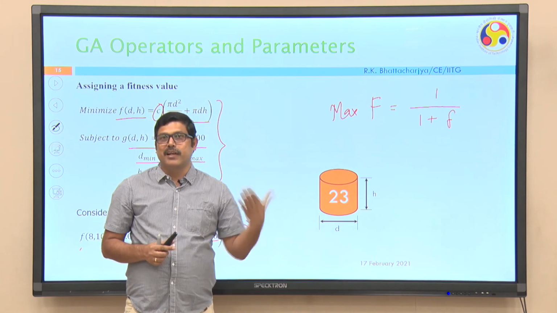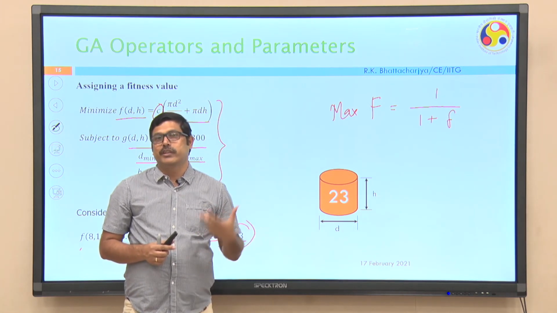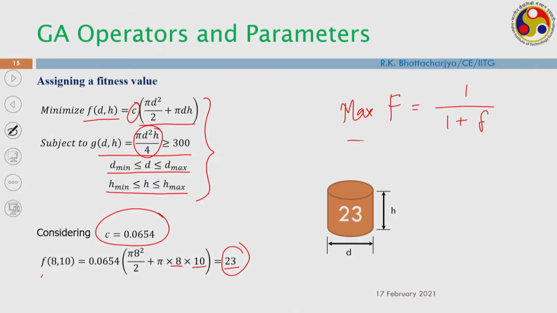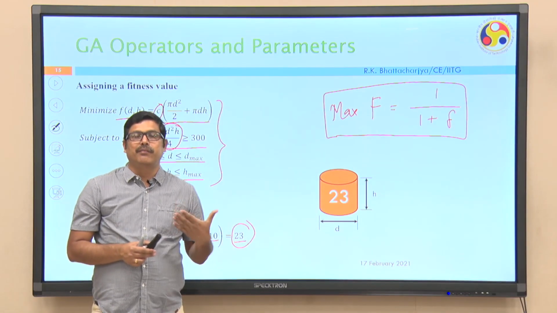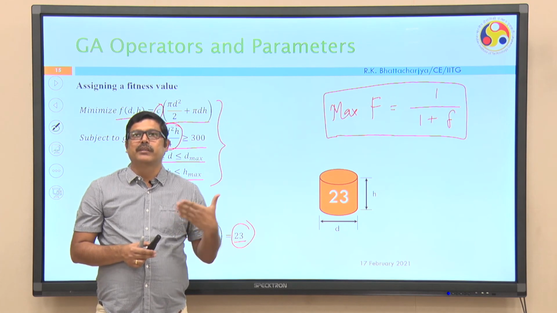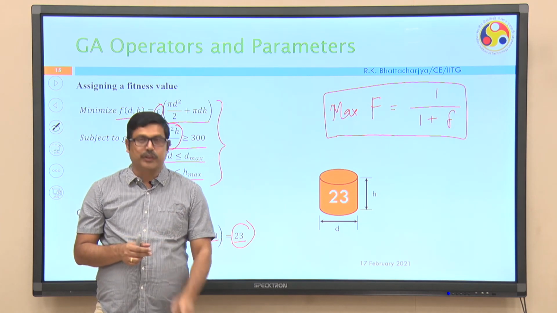If capital F is lesser, then the solution is inferior. But I am not using it right now, but you can use this one also. Okay. I can convert a minimization problem to a maximization problem using this, but what I am doing here, I am trying to see this value, and if the objective function value is lesser, that means that is a better solution, and if it is more, that means that is an inferior solution.